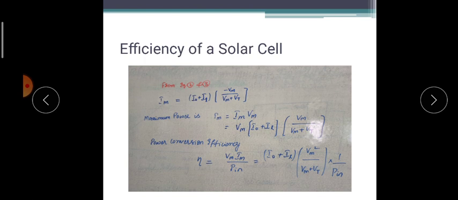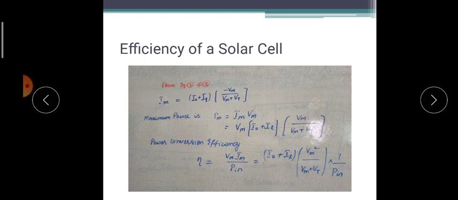The maximum power at V is given by Vm. Substituting Vm for V in the above equation, the equation for maximum current turns out to be Im is equal to I naught into exponential of Vm by Vt minus of I naught plus IL.